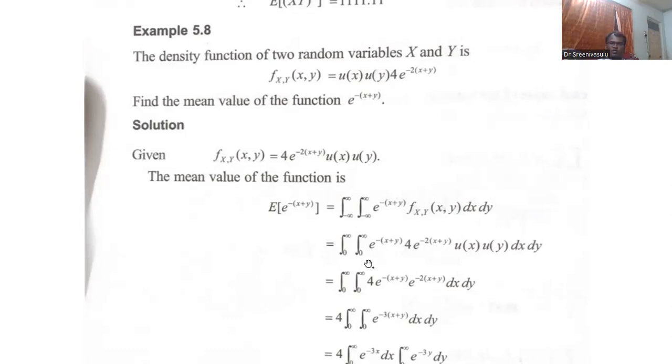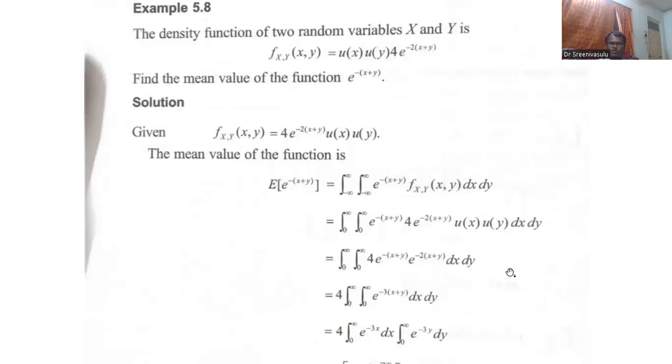So instead of minus infinity to plus infinity, we replace with 0 to infinity, 0 to infinity, as usual e^(-(x + y)) times the joint density function 4 e^(-2(x + y)) times u(x) u(y). Within these limits, we are going to get 1.